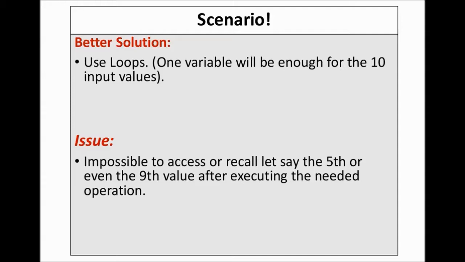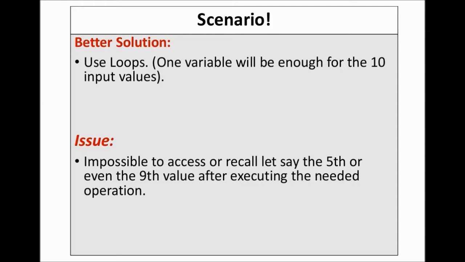But we have another issue when we're using loops. The issue is that it is impossible to access or recall the previous variables after executing if we need to perform another operation on any previous variables.